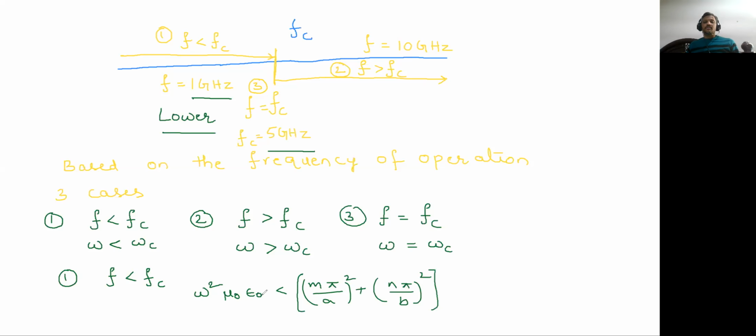In this case, this is smaller and this is larger, so under root of larger minus smaller will always give a real number. So gamma, which is alpha plus j beta, is equal to a real number plus imaginary part, which here is 0.